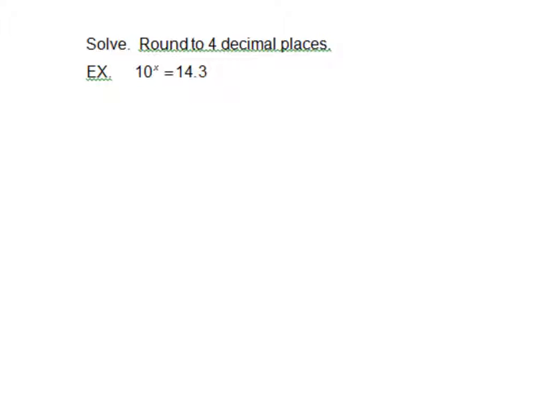We want to solve 10 to the power of x equals 14.3. We're going to have to use our calculator and we'll round to 4 decimal places. So remember the rule that says if you have the log of a number to a power, then the power can move out front. So if I put log in front of 10 to the x, then the x can move out to the front.